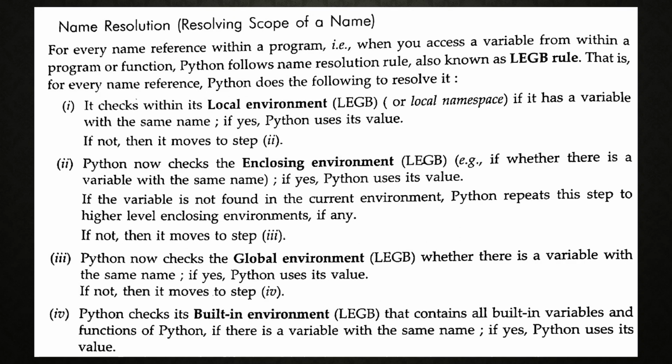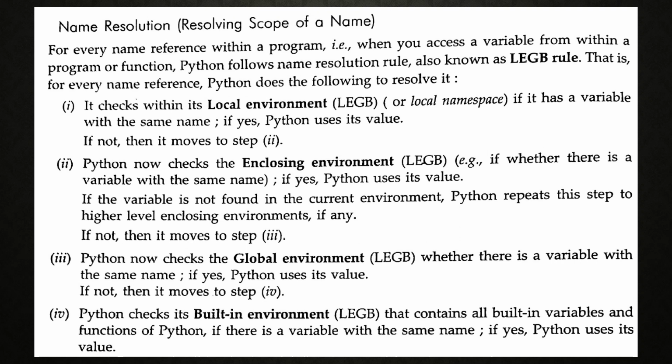See this. First, it will check the local environment. If there is a variable with the same name in the local environment, Python uses its value. Otherwise, it moves to the second one, the enclosing environment. If yes, Python uses its value.